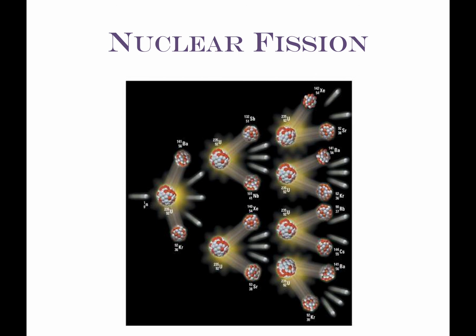So we see those, these are around 235 uraniums here. So it's our target uranium-235 and a projectile which it launches, which is the neutron.